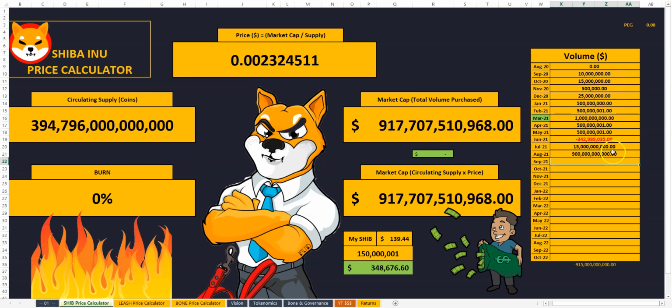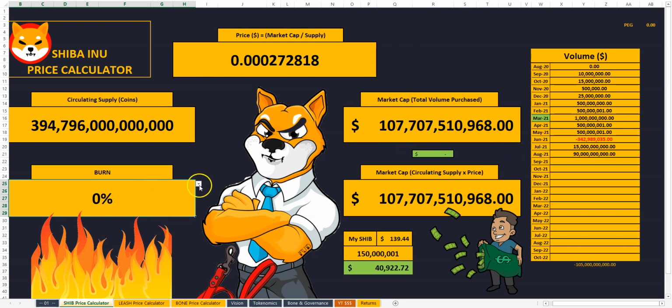Let's assume, if I come back to SHIB, let's just say we now have a market cap of, I'm going to try to be realistic, I'll reduce this to 10^7 or something like that. Let's see what happens.